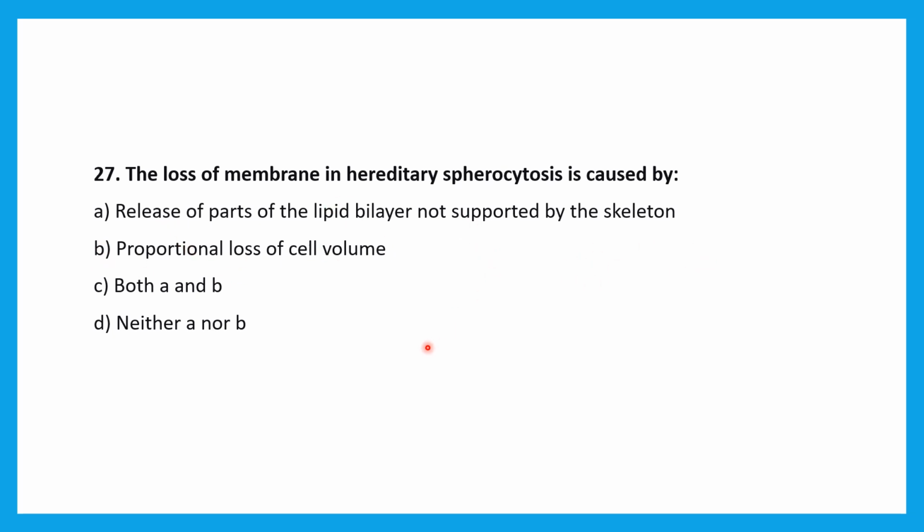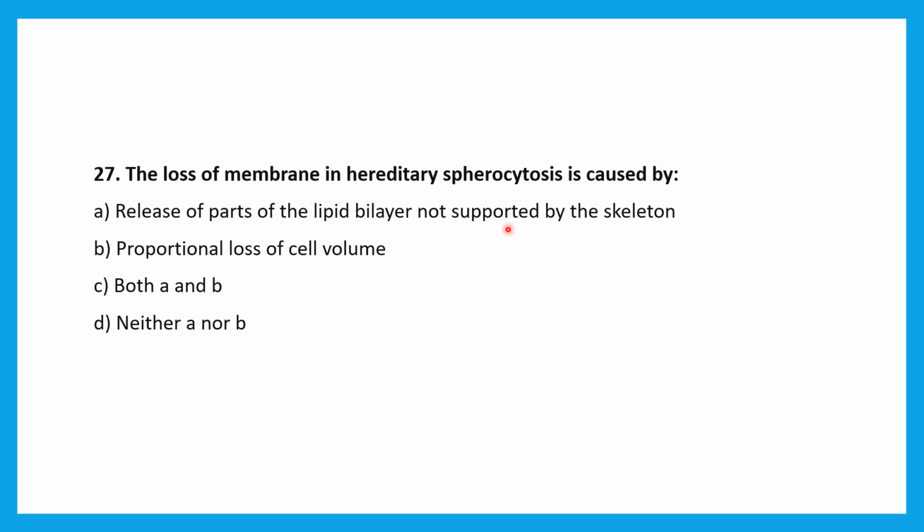We need to take note that in hereditary spherocytosis, there's an uncoupling of the lipid bilayer from the underlying cytoskeleton. That's the skeleton of the cell that we are referring to here. What does this lead to?